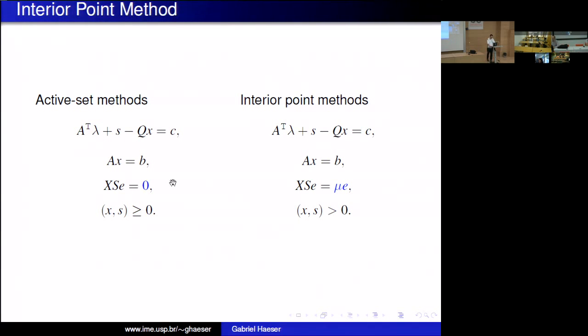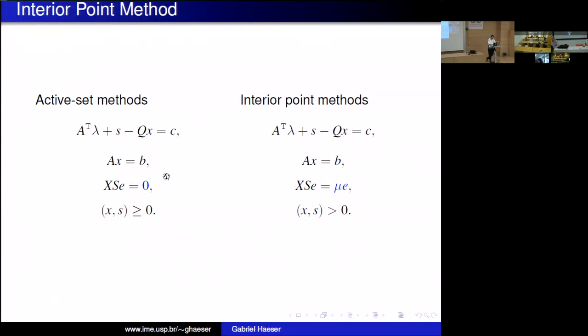Xi times Si should be 0. It's the complementarity measure. X is the simple inequality constraint. And X should be primal feasible, and S, the Lagrange multiplier associated to an inequality constraint, should be non-negative. X should be non-negative also.